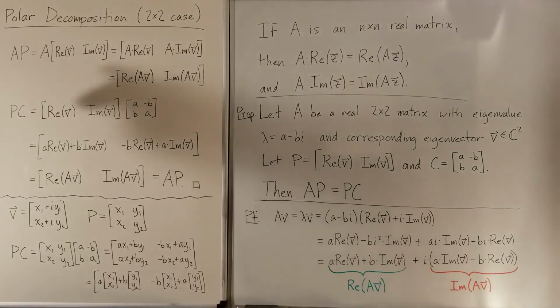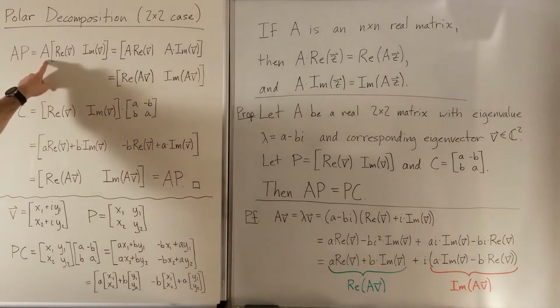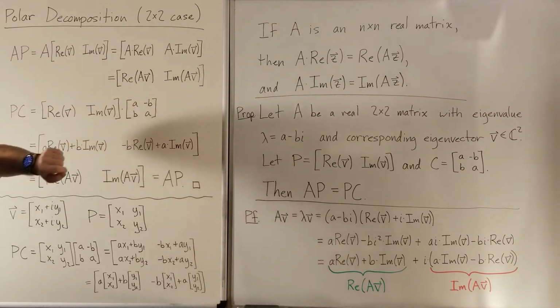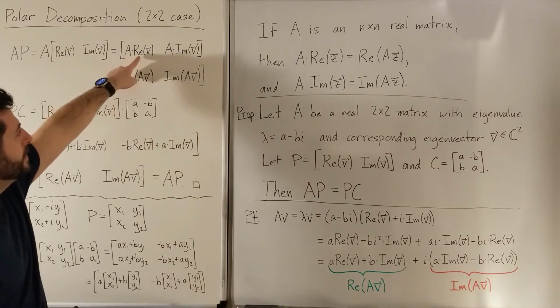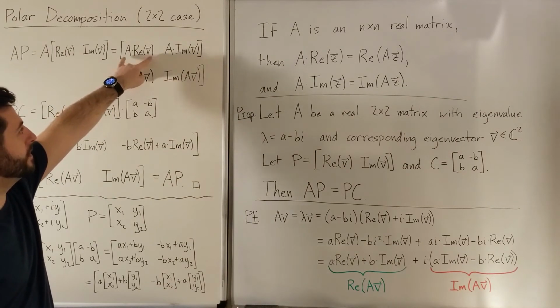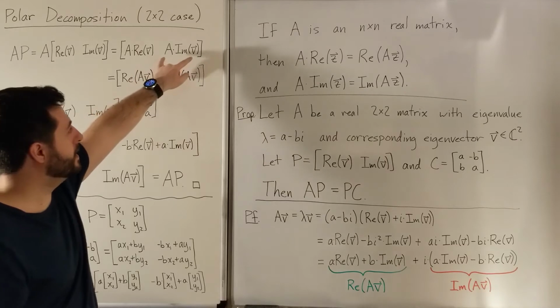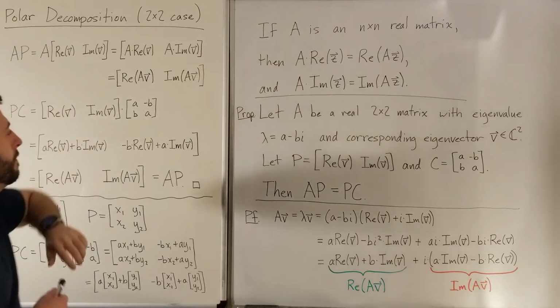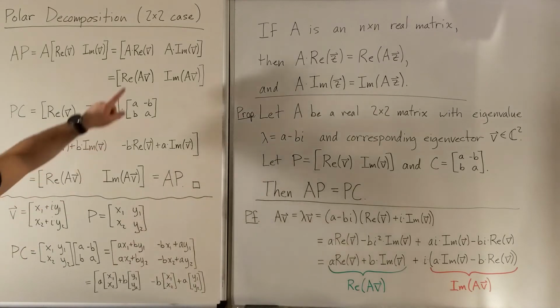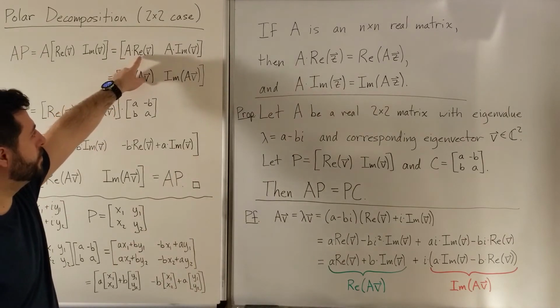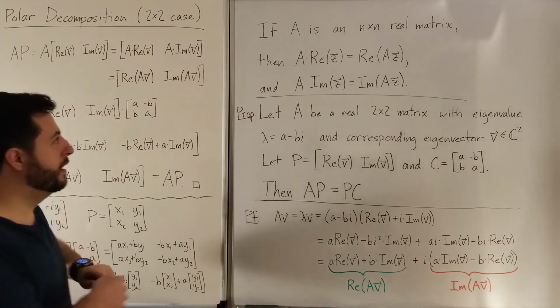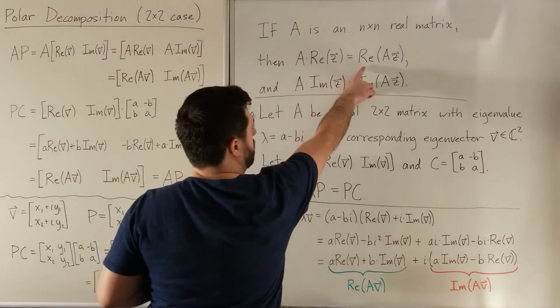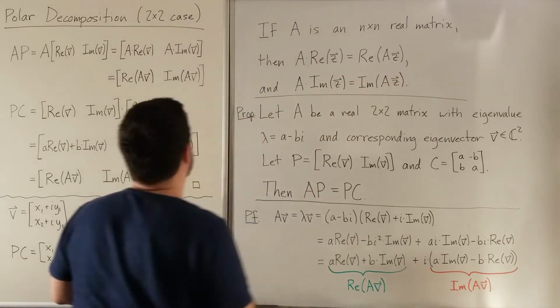Now let's look at A times P. A times P is the same thing as A times the first column of P as the first column of our answer, and the second column of AP should be A times the second column of P. Okay, and just recall A times the real part of a vector is equal to the real part of A times the vector.